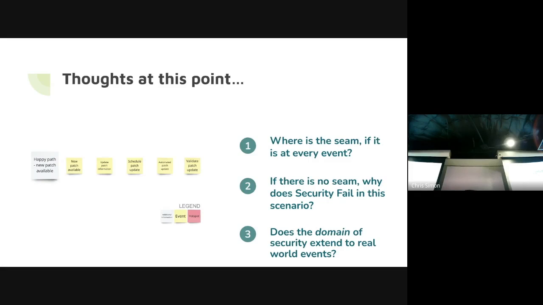The domain of security and the seams in your business are actually impacted by events happening external to your business. So when you are taking decisions around the risks and how you'd want to prioritize things that are critical to your business, the modeling needs to expand to beyond internal processes and internal activities.